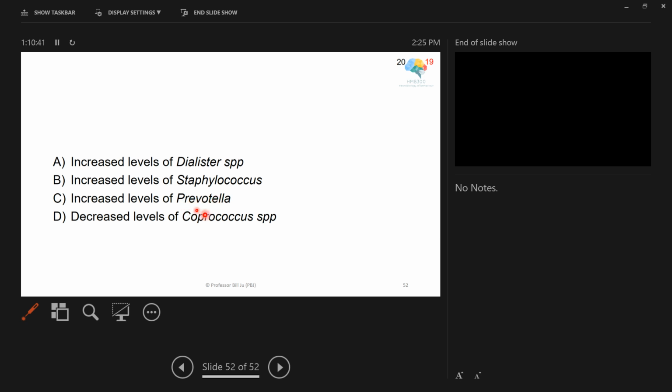We've also talked about things like Prevotella, and these two might be due to changes in mood states, so A and D. And Prevotella might be related to enterotype, but it might also be related to a change in diet. And then this one is completely different. You might be wondering, did we even talk about Staphylococcus? In fact, if you have been studying, there is one slide where Staphylococcus is very important early on. So you might want to start thinking about how you might approach this. These are the answer choices, and now you need to figure out how confident you are in knowing what might happen in these different situations.